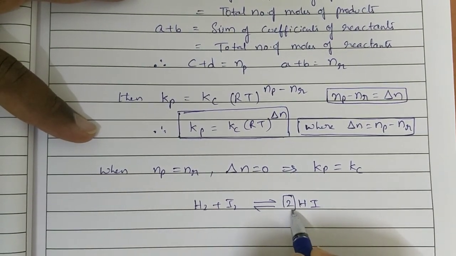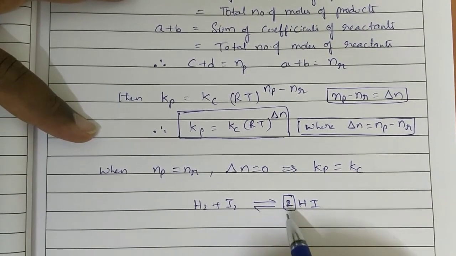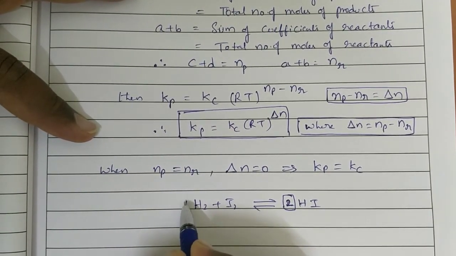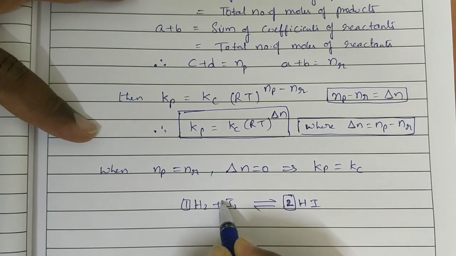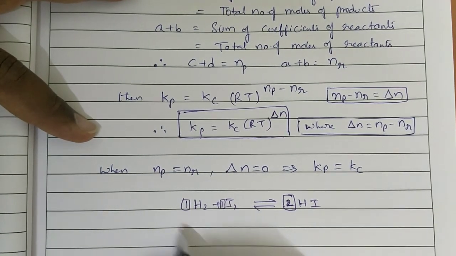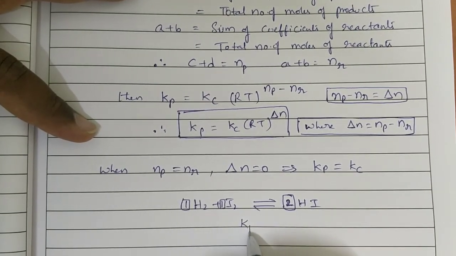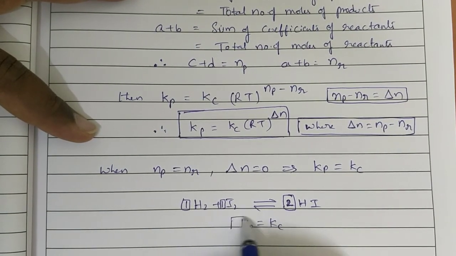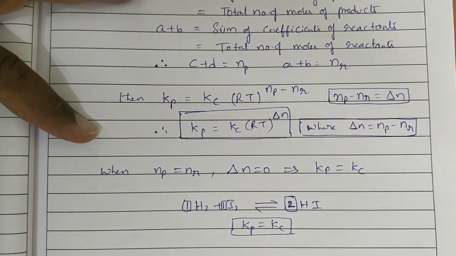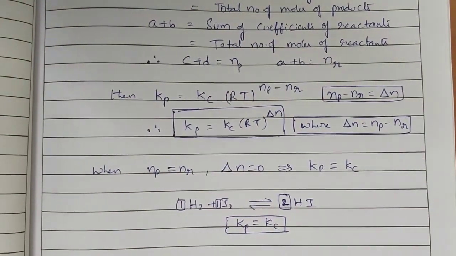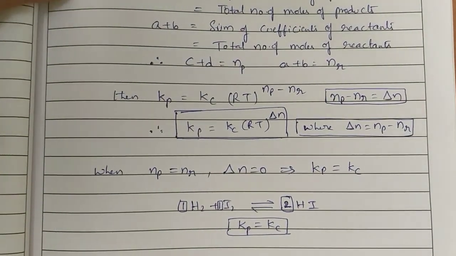Number of moles on the product side is 2, and on the reactant side total 1 plus 1, 2. Both are the same. For this equilibrium, Kp is equal to Kc.